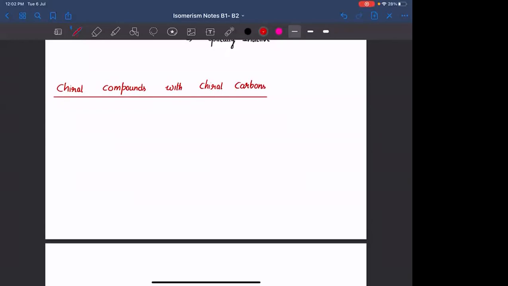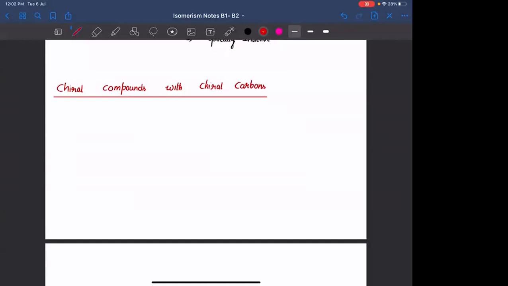If you want to conclude a given compound as a chiral compound, which is having a chiral carbon, what is the condition? It should have only one chiral carbon. If it is having only one chiral carbon, I can definitely conclude it as chiral compound.